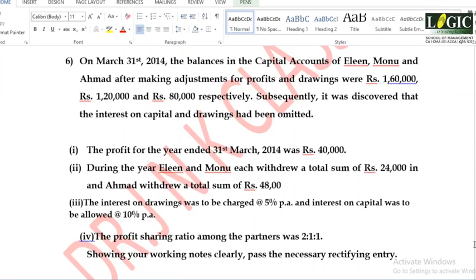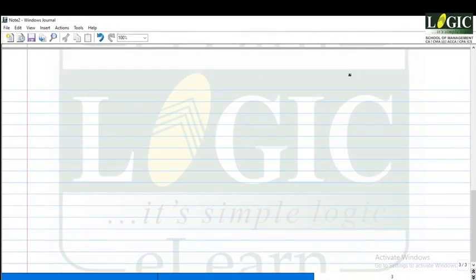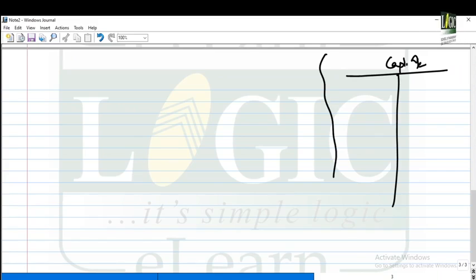So the first and foremost attempt you will have to make in such cases is to reach the opening capital from the closing capital, just to help you calculate interest on capital, because interest on capital is calculated on the opening balance of capital. So now let us see how it is possible. So the first thing you will have to visualize is what is the difference between this opening capital and closing capital. Just visualize, don't mug up things.